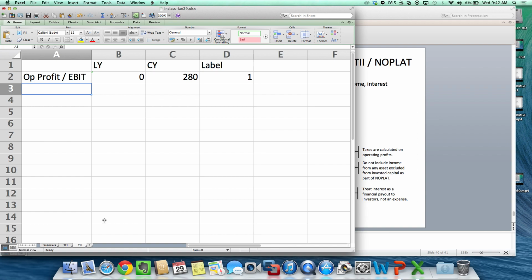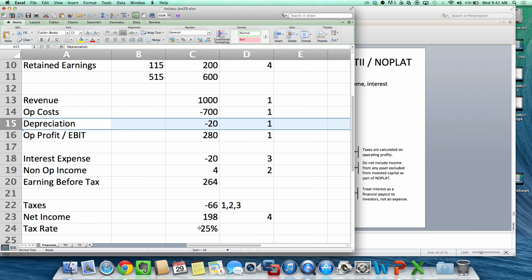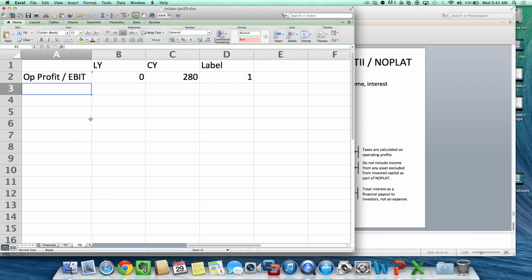So if I have 280 and report $280 million worth of operating profit, and I don't report anything else to the IRS, that's all I tell the IRS, I made $280 million of operating profit, and my company pays a 25% tax rate, then I'm going to have to pay tax on the operating profit of 280 times 25%.